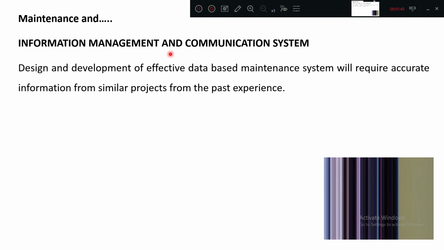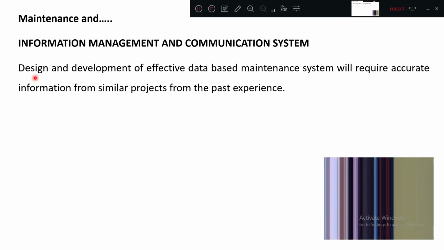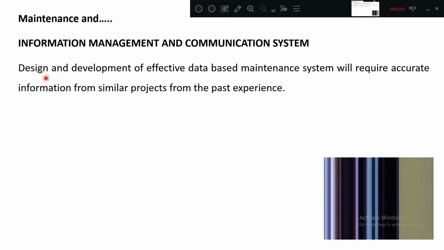He has to develop a system which includes all the information relating to the maintenance aspects and how that information is communicated to the respective persons. That is information collection, information analysis, information communication. Three parts are there.